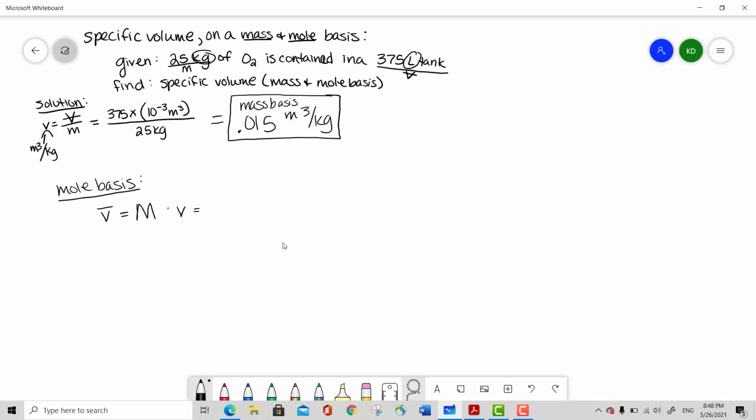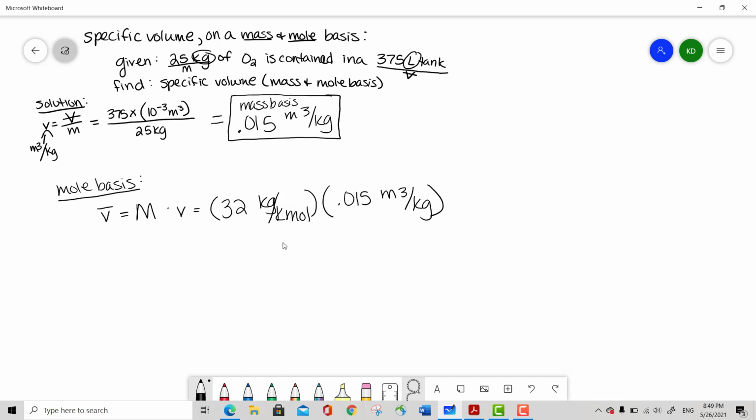Okay, so we're going to take that and put it in: 32 kilograms over kilomoles, because they gave us these units in the table. And then we're going to multiply that by our V that we just solved for, right? 0.015 meters cubed over kilograms.